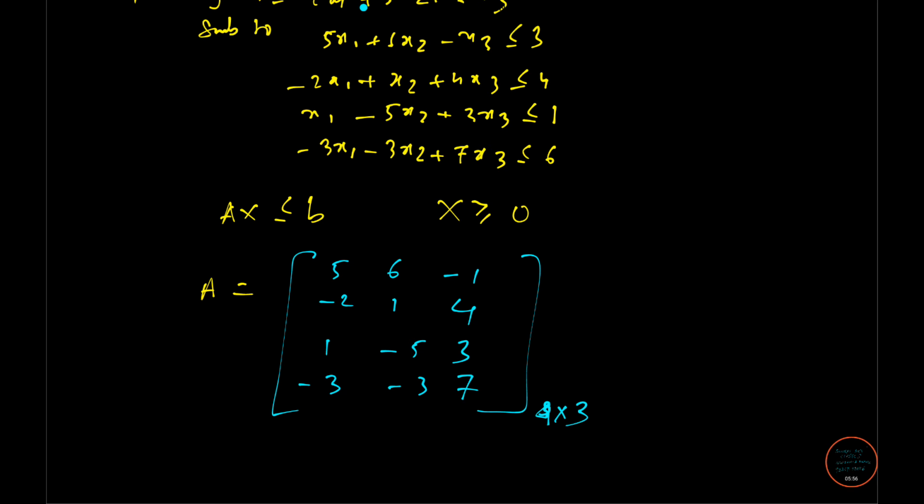And b will be the RHS: 3, 4, 1, 6. Now all the constraints are less than or equal to, so we don't need to worry about anything, and we can proceed.